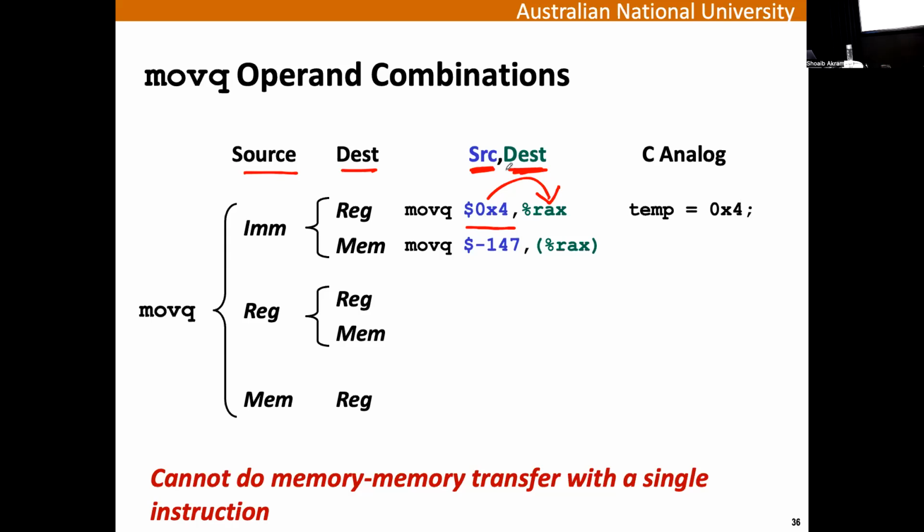What does the q stand for in the instruction? We are just telling the assembler that we are dealing with 64-bit quantities. Sometimes it can figure it out itself, but it's a safe practice to write q. In fact, you have to write it.